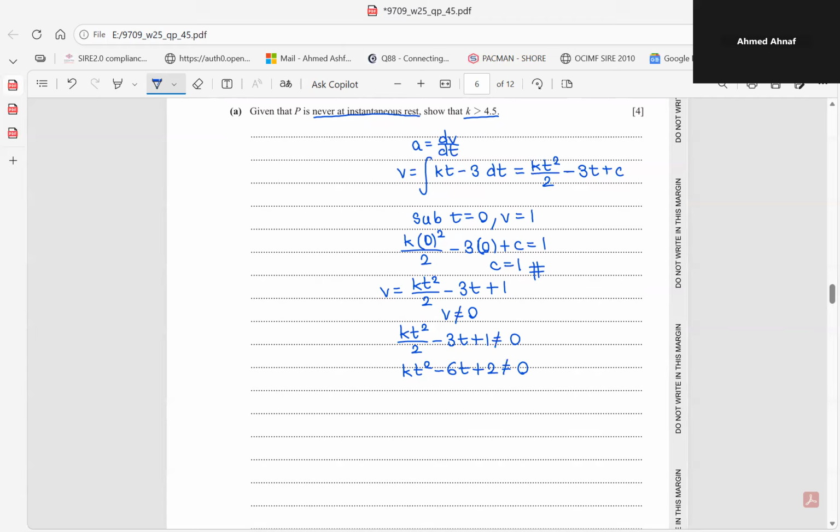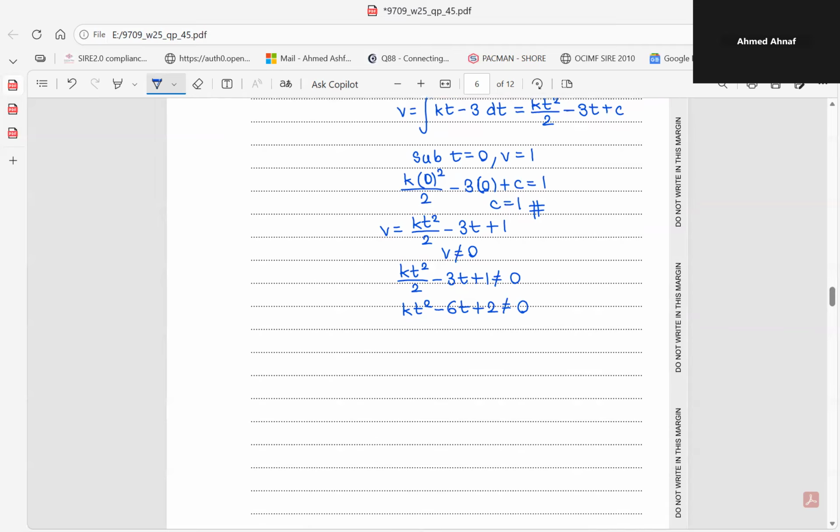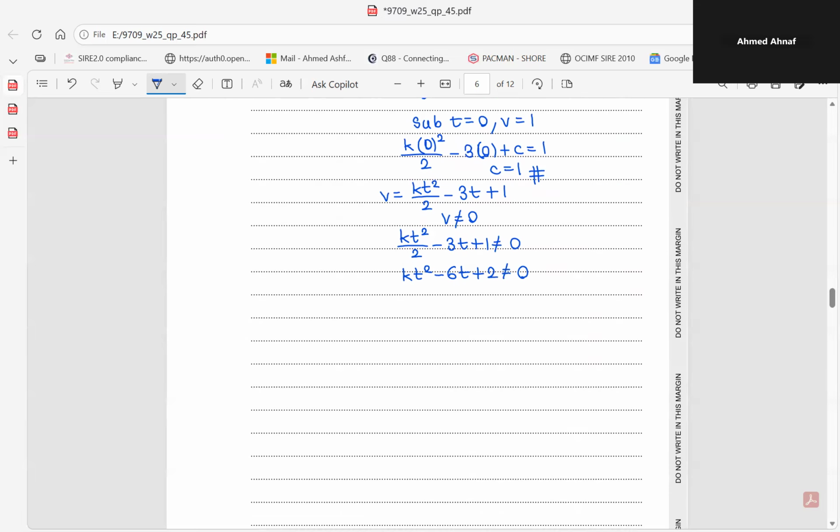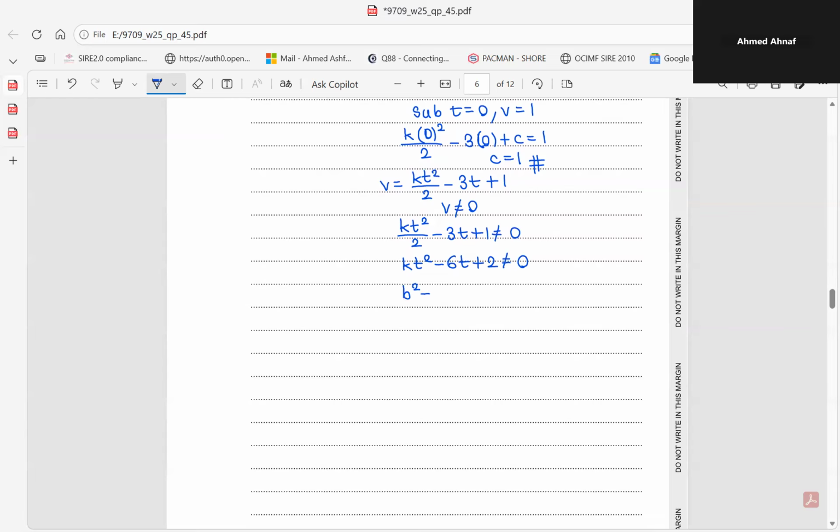So here we need to use our discriminant. Since this cannot be equal to 0, b squared minus 4ac must be less than 0. So b squared minus 4ac has to be less than 0. So b squared is minus 6 squared, then a is k, and c is 2.